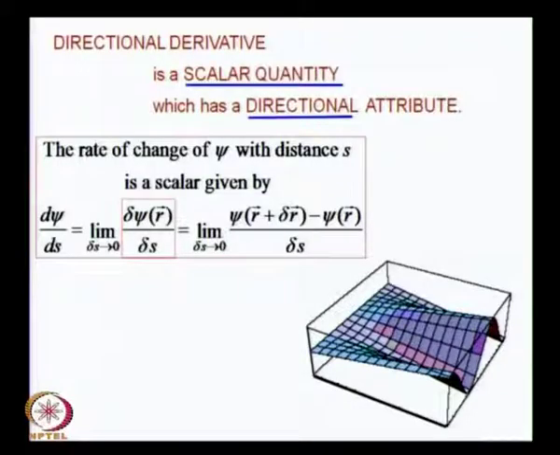Okay. So, the directional attribute comes because this delta r displacement that you see over here, this is the vector, it has got a direction, and it is this which provides the directional attribute, the directional quality to the directional derivative. It is the argument of the function, not the function itself. The function itself is a scalar.